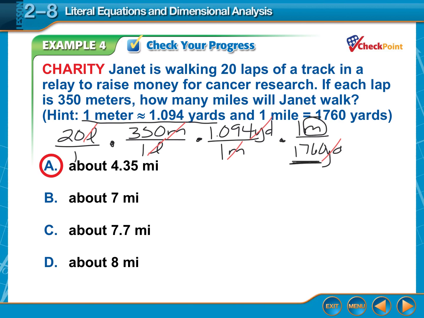So you have to divide by 1,760. 4.35. Bingo. So really, is it that difficult? No, it's just a lot of steps. But as long as you have it all lined up correctly, you're good. Any questions with dimensional analysis? No? All right.